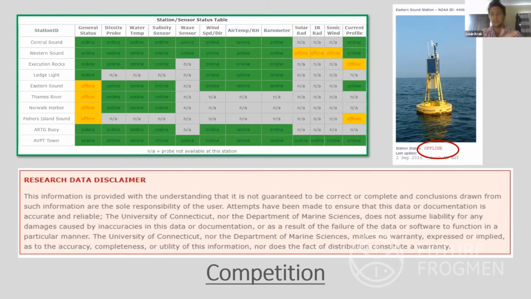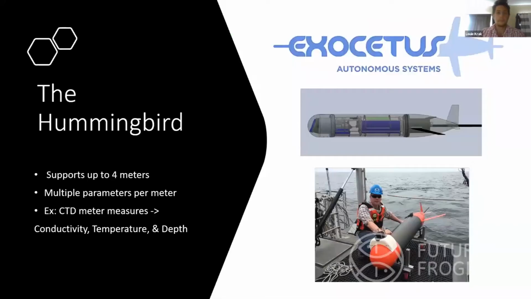But as you can see from this printout here, a lot of data values are missing. Buoys go offline. There's even a disclaimer that says the information provided is not guaranteed to be correct or complete. So not the best. The website itself is also clunky and difficult to navigate.